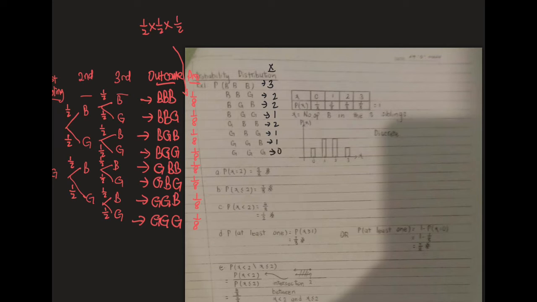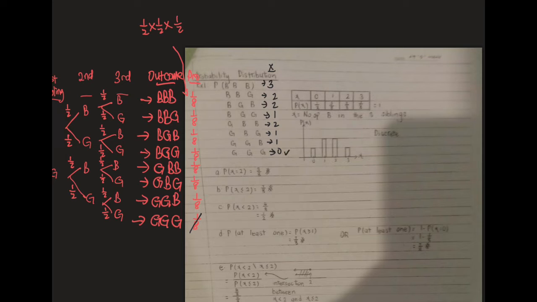Okay, so now imagine that I start from the last one. No boy, probability 1 over 8. So that's why 1 over 8 is there. This one we have settled already.